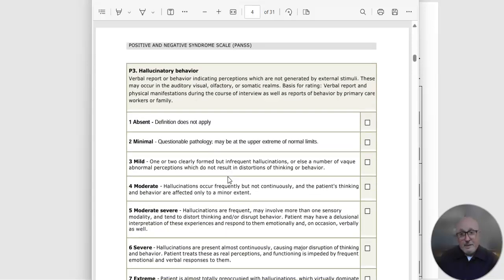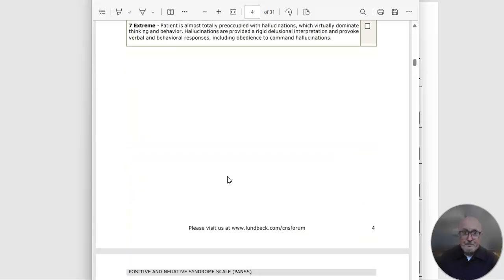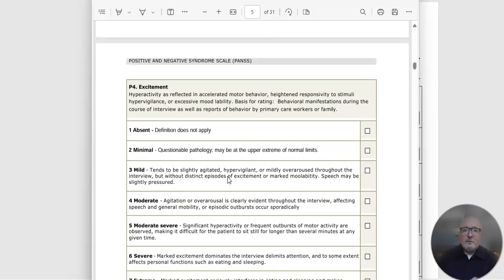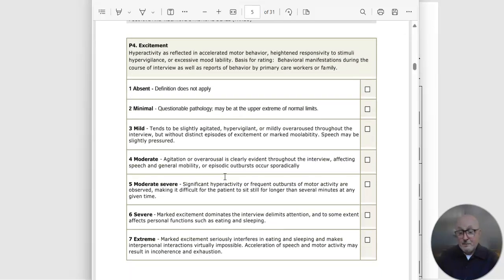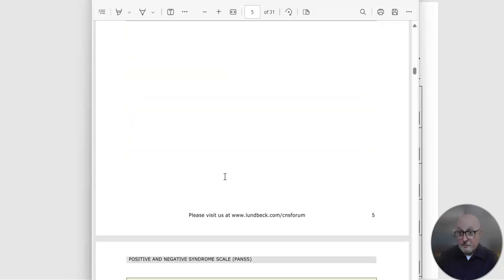Hallucinatory behavior, is it present or not? Level of excitement, this could be, again, more of how they're responding to things around them. Also, how is their behavior? Are some of the things that they're doing very bizarre? Or is it just the opposite, where they're not very responsive to anything at all?